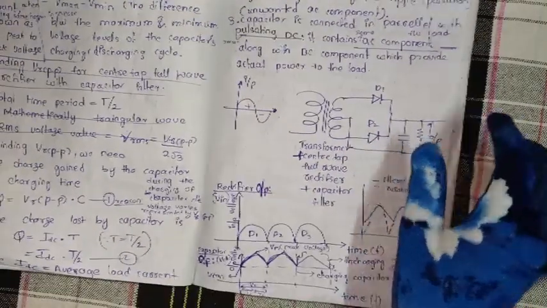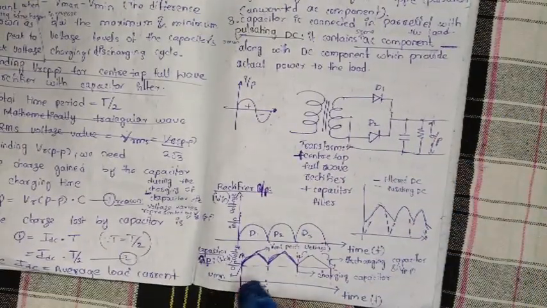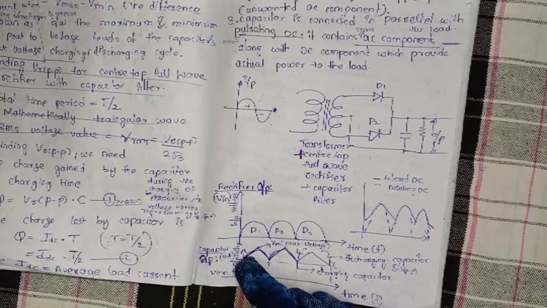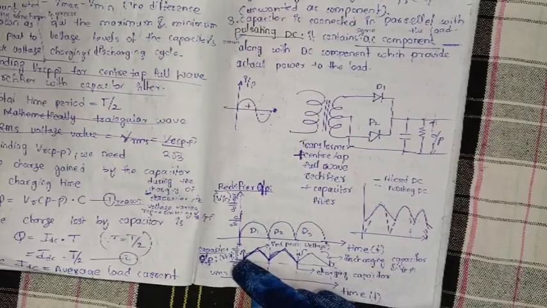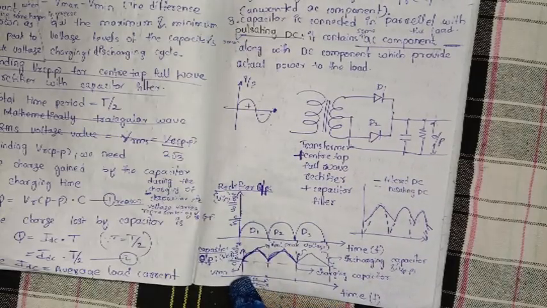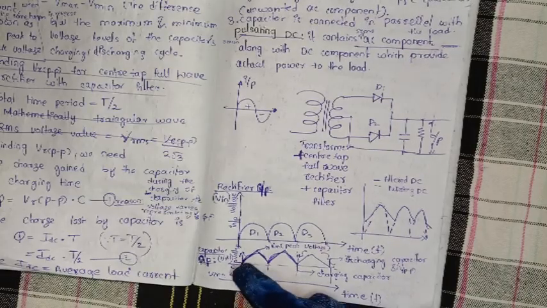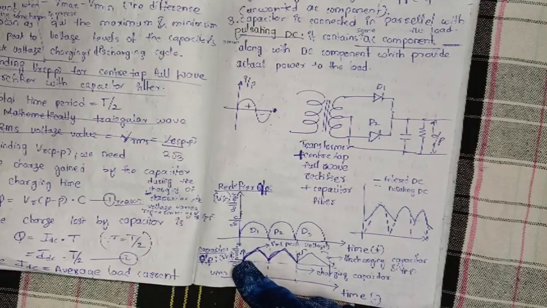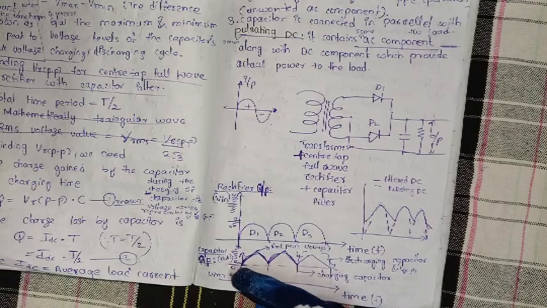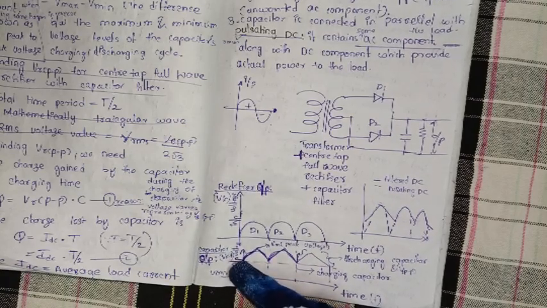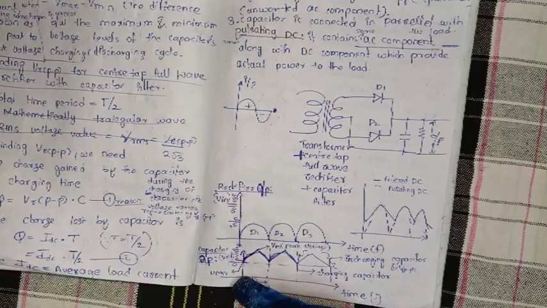So here, the wave is starting from this point, not this point, because it holds charges. The capacitor already holds charges. So the voltage is starting from this point, not from zero.